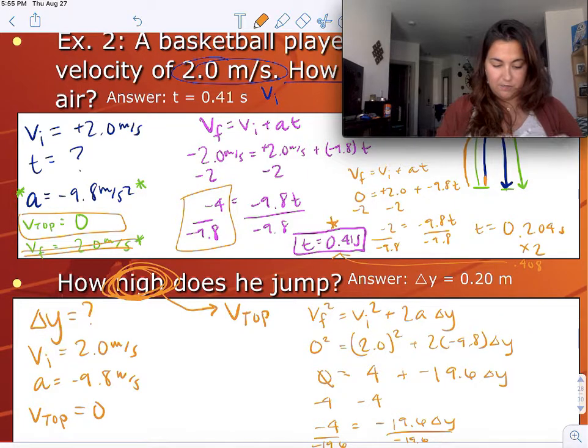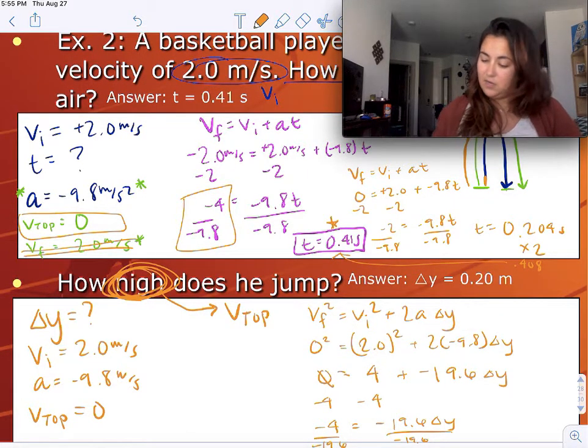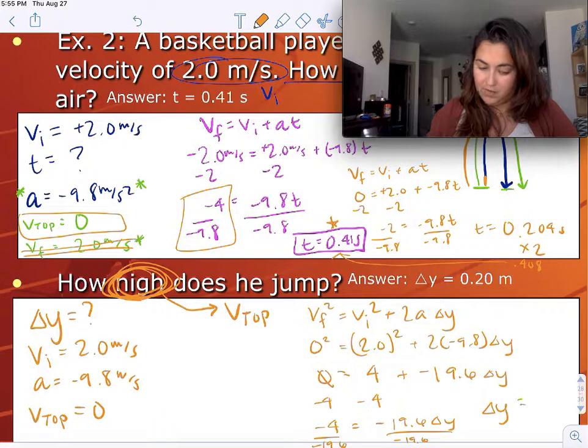Oh, geez. 4 divided by 19.6 gives me a delta y of 0.20 meters.